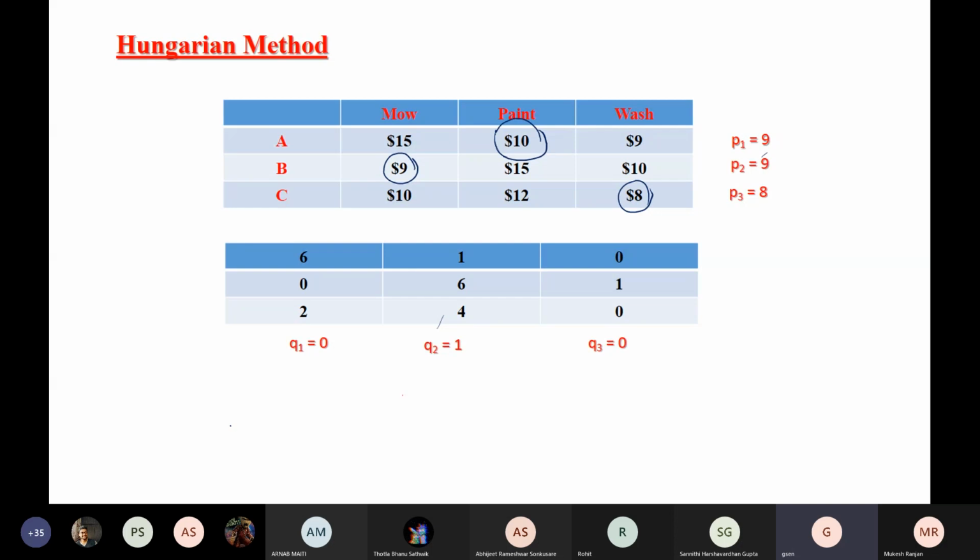Basically you are trying to assign the activity which incurs the minimum cost, but you are trying to assign it on an individual basis. So you first consider for person A what is the best activity for person A. You feel that okay, washing is the best activity, so you try to assign it.